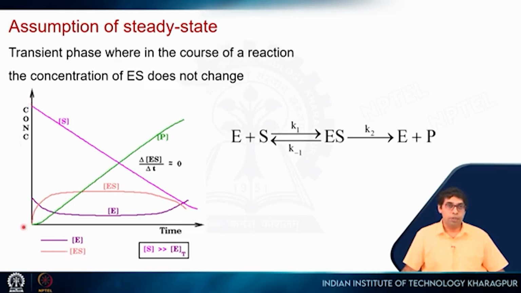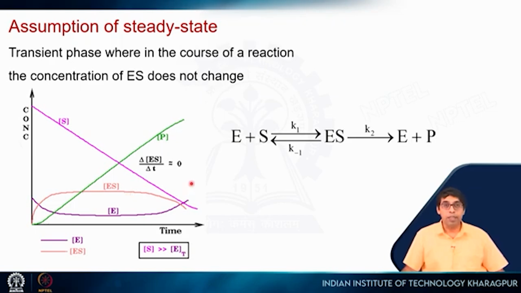The product starts from 0 and increases over time. But the enzyme substrate complex shows a very interesting behavior. It starts at 0, quickly increases to a particular value, then remains steady or constant at that value, and finally decreases. This period is where the enzyme substrate concentration does not change.